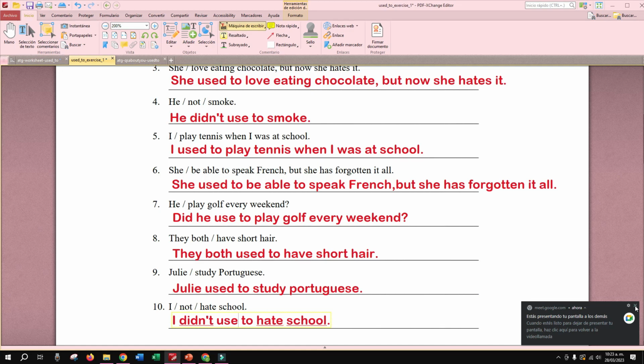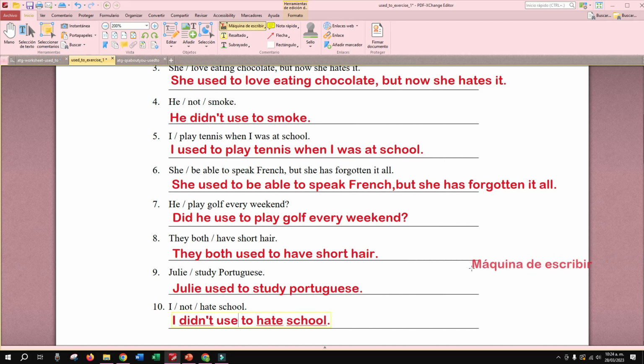Miss, I know this is another kind of topic, but I would like you maybe to speak about the verbs. For example, in sentence number 3, she used to love eating chocolate. In my case, I didn't understand when you need to use the ing followed by a verb.